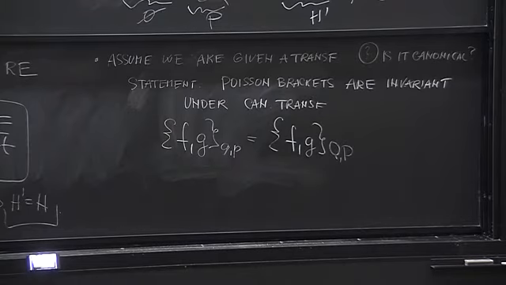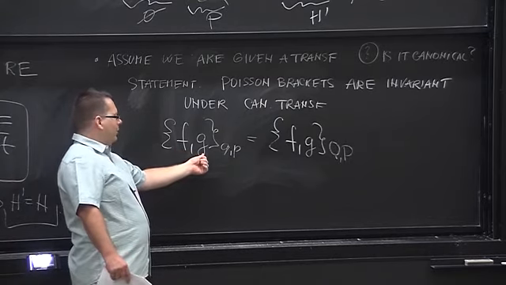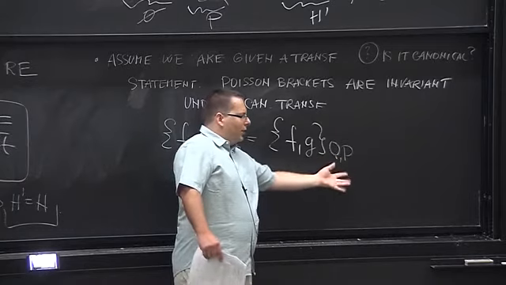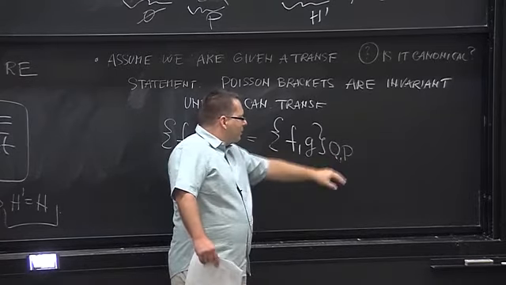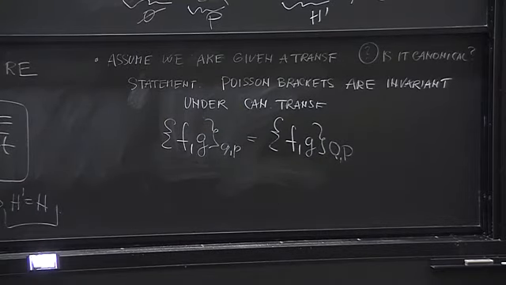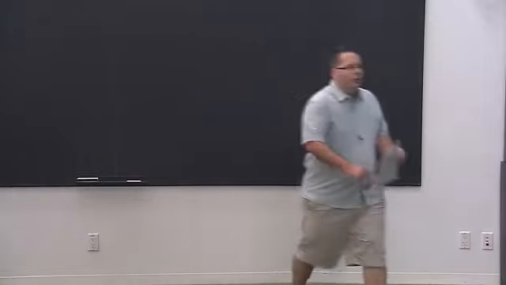Well, I can choose specific functions f and g. I can, for example, choose small q and p. I know that this is 1. But now I have this given complicated transformation, and if I calculate it in terms of capital Q and P, it gives me some conditions. Checking these conditions tells you whether my transformation is canonical or not. So now, why is this true?